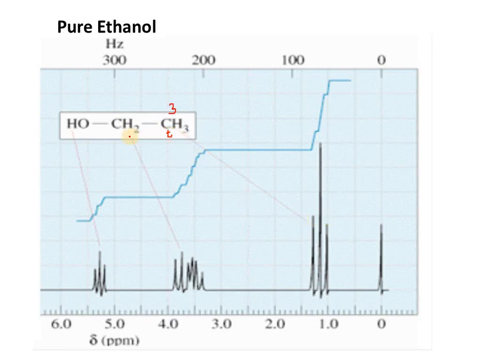Now in the CH2 group there are 3 neighboring protons of CH3 and 1 OH proton, so it has a total of 4 protons. 4 plus 1, it is a quintet, or we get a multiplet due to 1 OH proton and these CH3 protons, so these protons will show a multiplet.